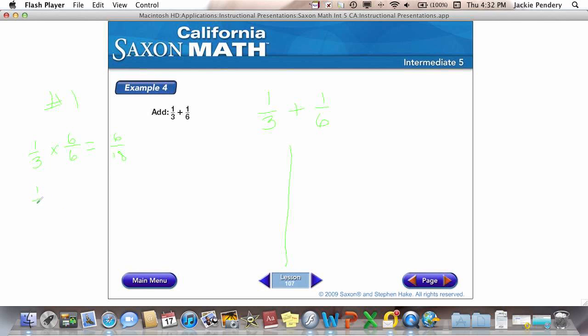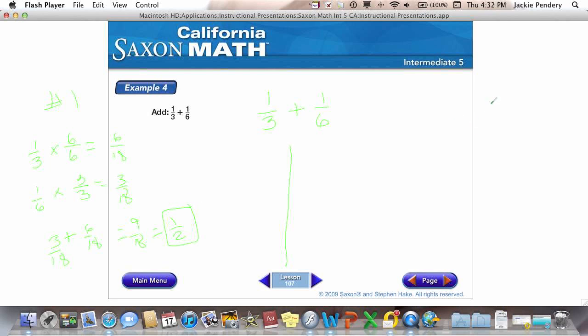Take 1/6, multiply it by the denominator equivalent to 1 from 1/3 to get 3/18. Then add 3/18 plus 6/18 equals 9/18, which reduces to 1/2.